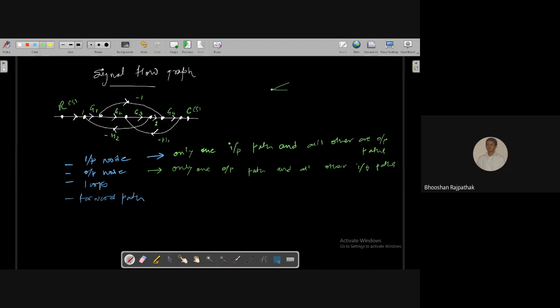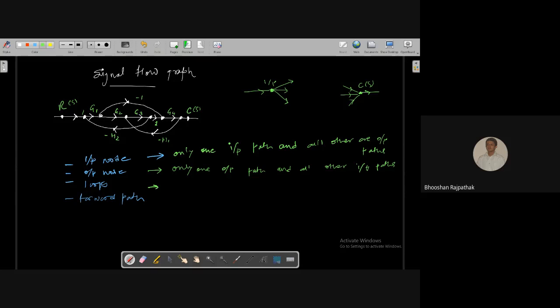Typically you can have multiple outputs and a single input, from where your input node starts. Similarly, an output node is the node where all your paths are input paths and only one output. So this is what we define: our input node and output node.